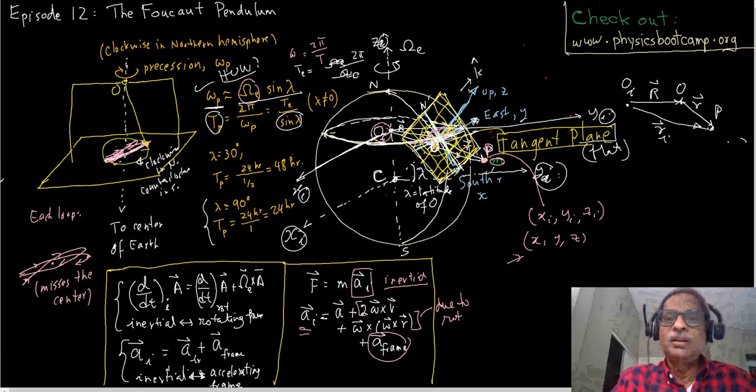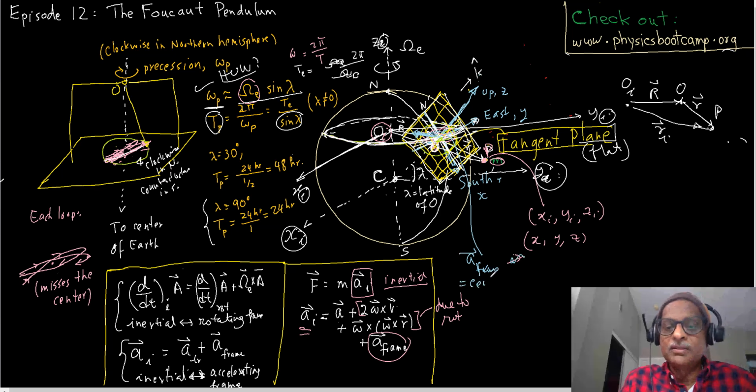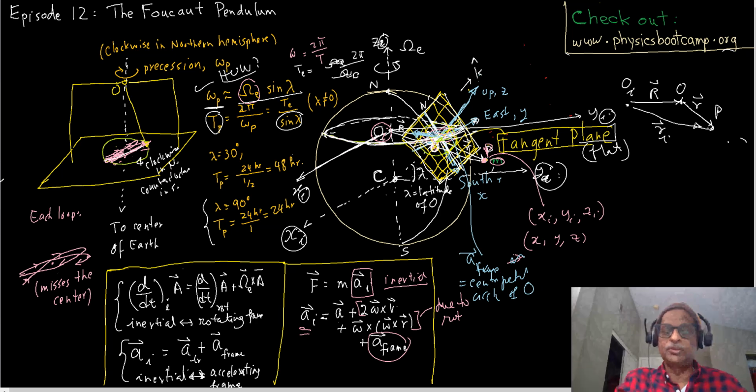You can think of the acceleration here as going in a circle, so there is a centripetal acceleration. So this acceleration of the frame is the centripetal acceleration of point O, or the origin of the frame.